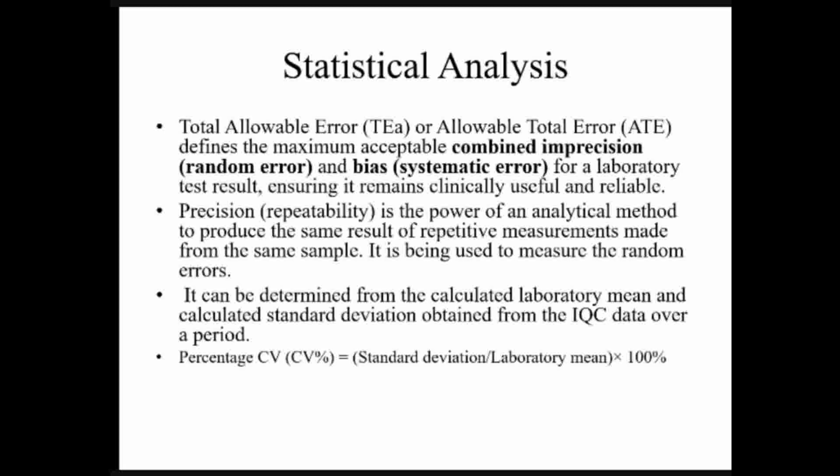Precision is repeatability, the power of an analytical method to produce the same result of repetitive measurements made from the same sample, and it is used to measure the random error. It can be determined from the calculated laboratory mean and calculated standard deviation. So percent CV is standard deviation divided by laboratory mean into 100.